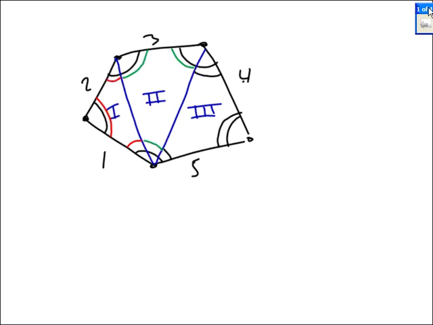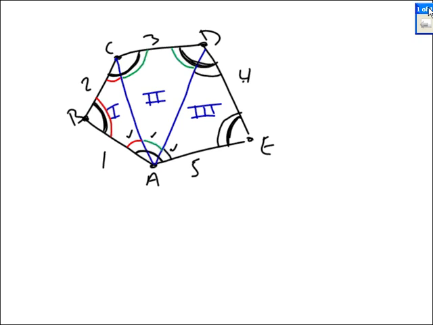But if you notice, that's exactly what I said at the beginning. I said you would get this whole angle and this whole angle and this whole angle and this whole angle and this whole angle at A, B, C, D, and E. Well, in angle A, we got it in 3 pieces: the red piece from triangle 1, the green piece from triangle 2, and the black piece from triangle 3.